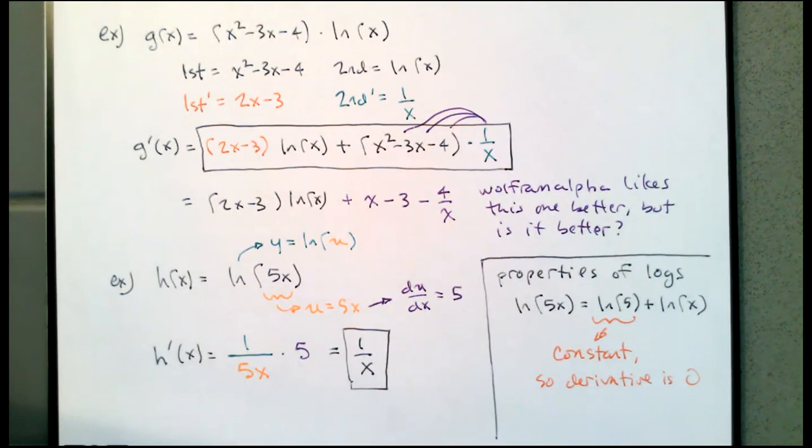So our properties of logarithms make this seem a lot less strange, and we're not worried about it anymore. It's okay that the derivative of the natural log of 5x is equal to the derivative of natural log of x, because of the way logarithms work.